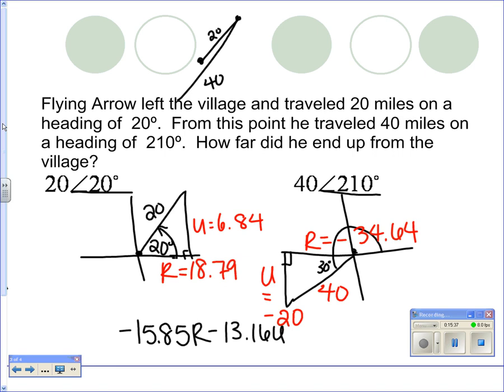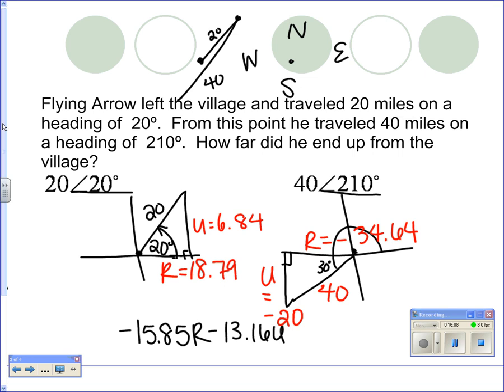So all it's asking, and if it said what direction did he go, well, what is this direction? So which direction was he? He was southwest from the village. Does that make sense? Any questions there? Sometimes they'll ask which direction did he go.